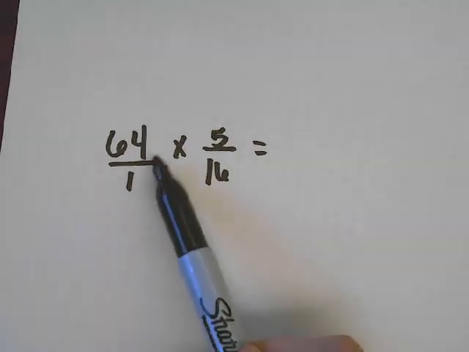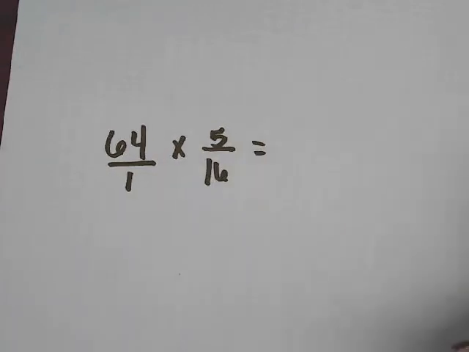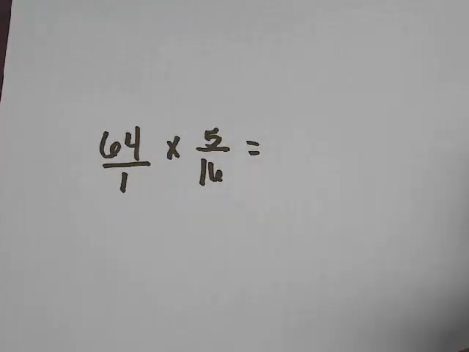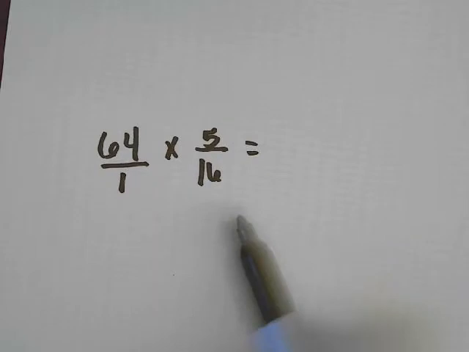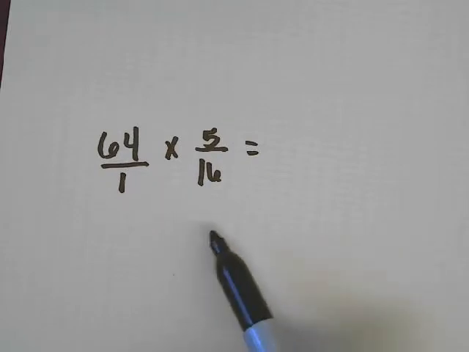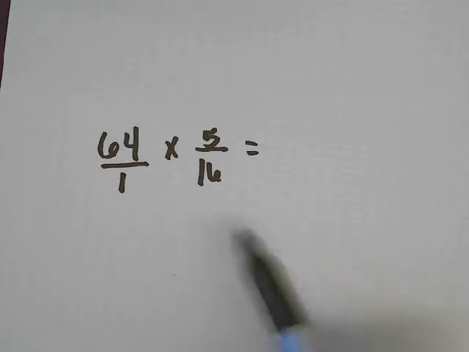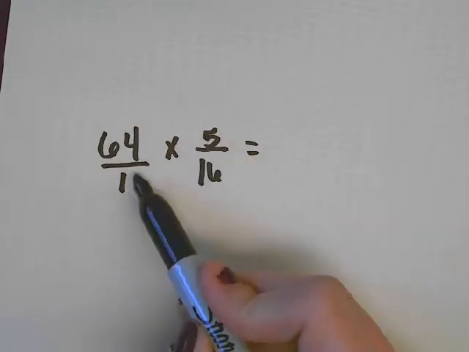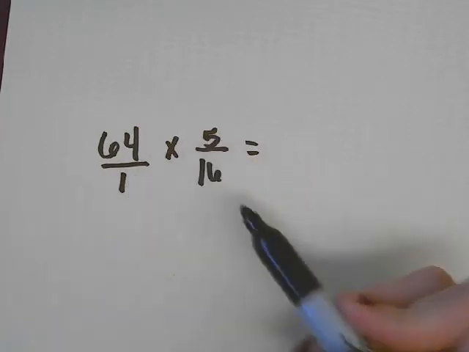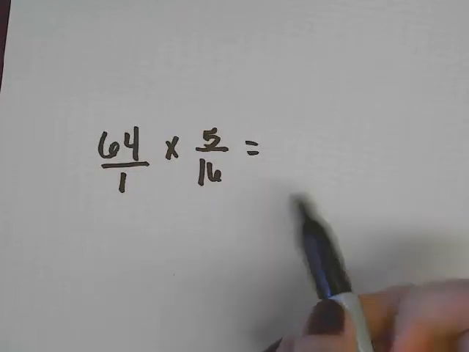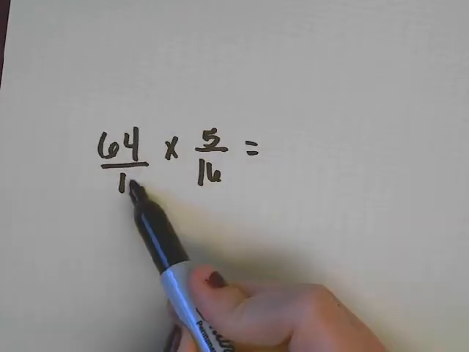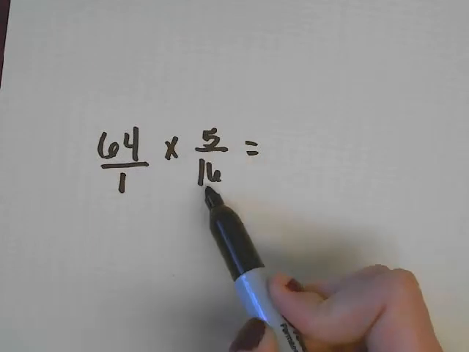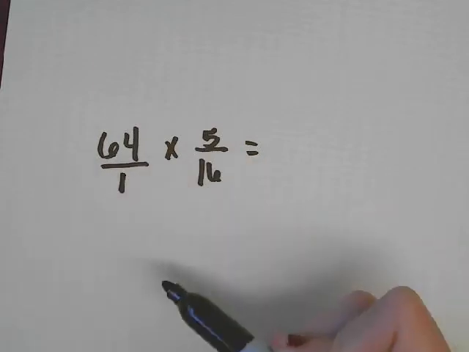But if I multiplied 64 times 5, I'd have to work that out over here. And I'm going to show the students how to do this in a simpler way. So you can look diagonally, and you can see if you can simplify the numbers to make it easier to multiply. So you can't simplify 1 and 5, but you can simplify 16 and 64.